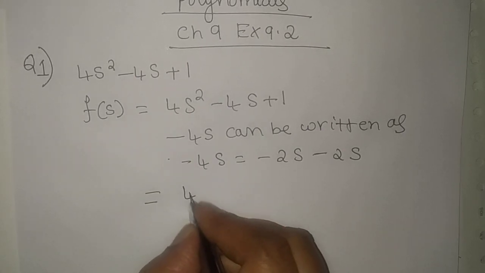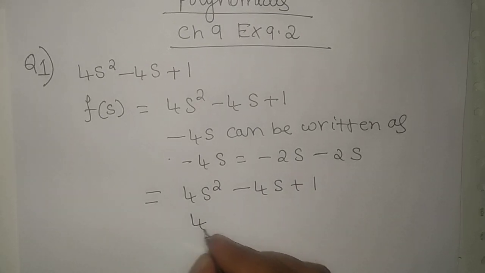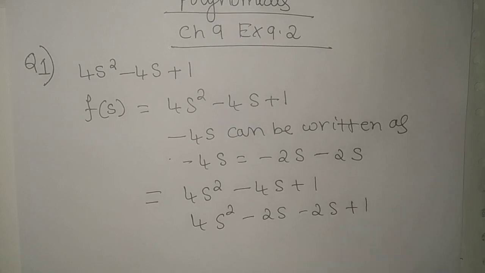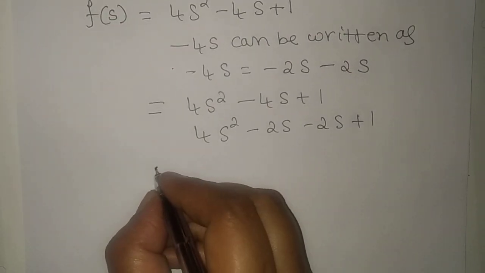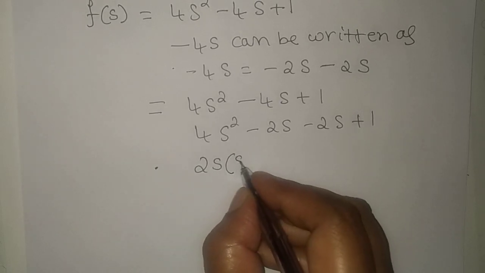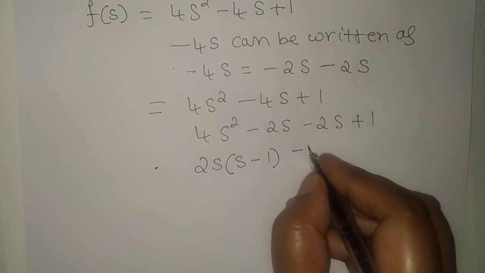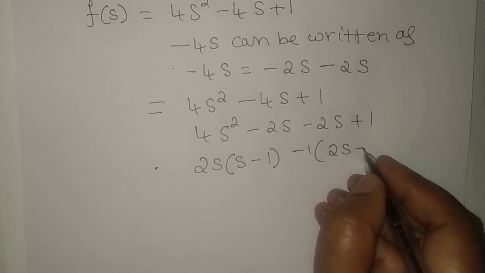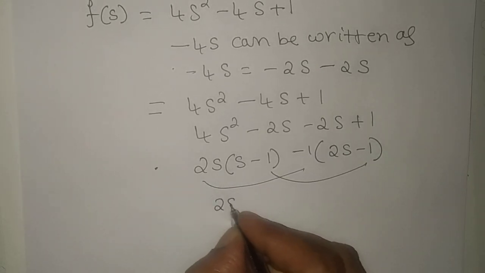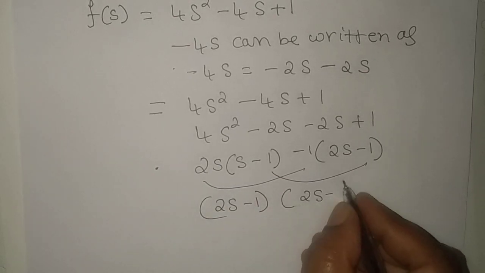Substitute in the above equation: 4s square minus 2s minus 2s plus 1. Now take the common factor: 2s minus 1, then minus 1 into 2s minus 1. So in both cases we get 2s minus 1 and 2s minus 1.